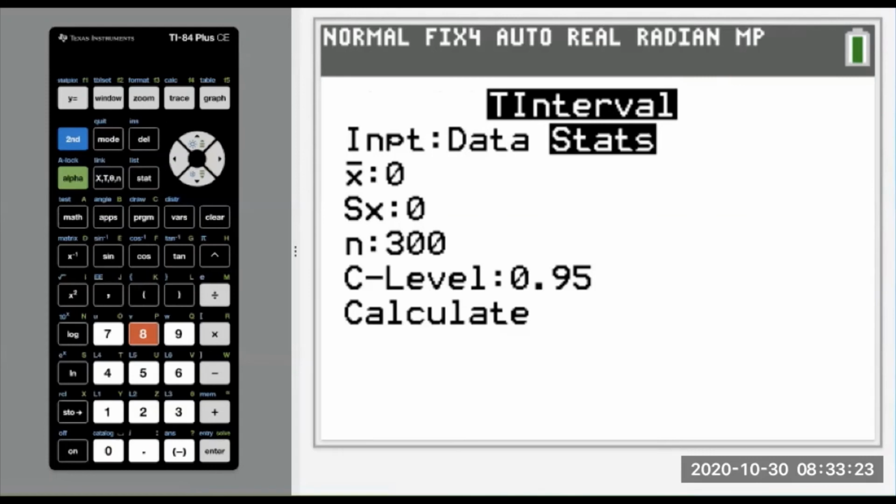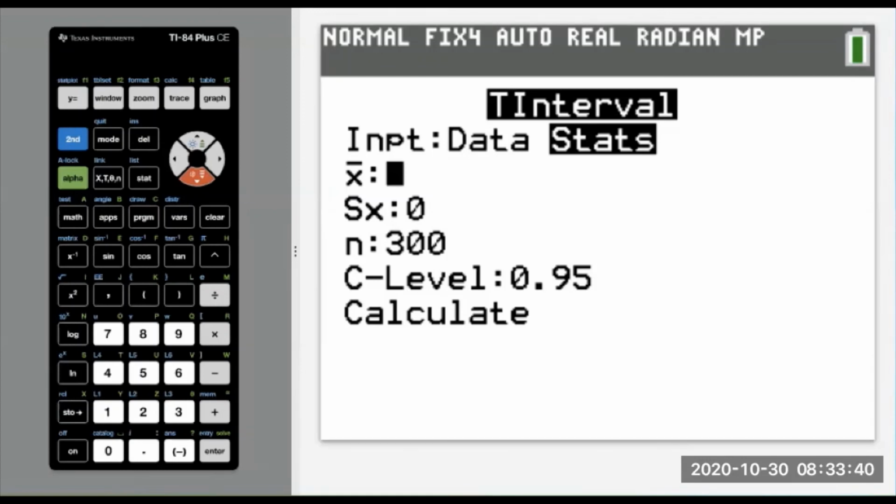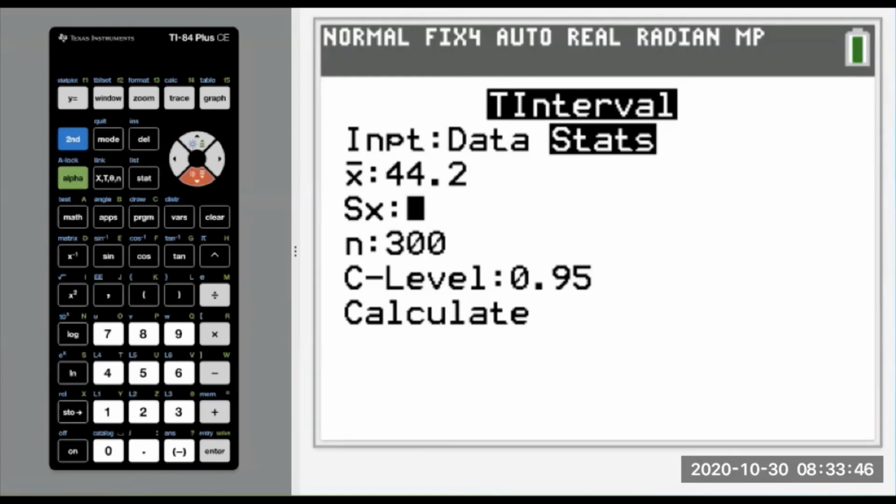Here we are entering the information about the sample given. So we have the statistics about the sample, not the data. So we select stats. They have given the mean of the sample as 44.2. Sample standard deviation is given.